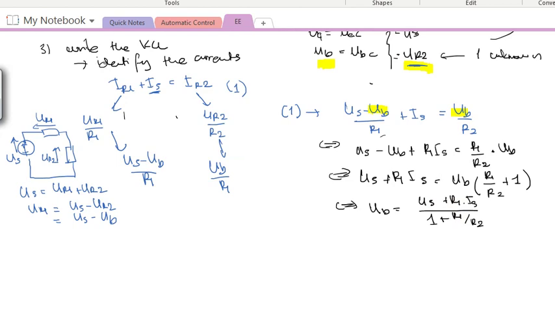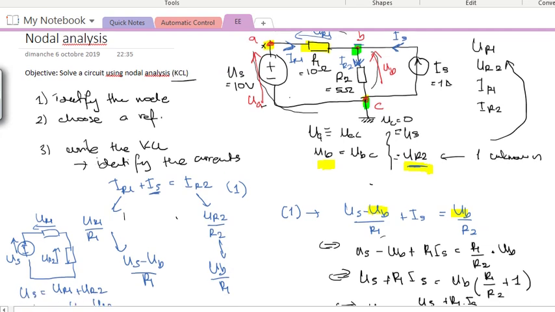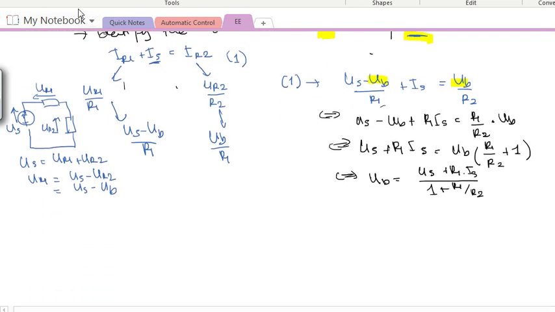If you do the calculation using the parameters that were given, which is US equal 10 volt, R1 equal 10 ohm, and R2 equals 5 ohm, as well as IS equal to 1 ampere, at the end, the answer will be UB equals to 6.67 volt. So that's the final answer for UB.